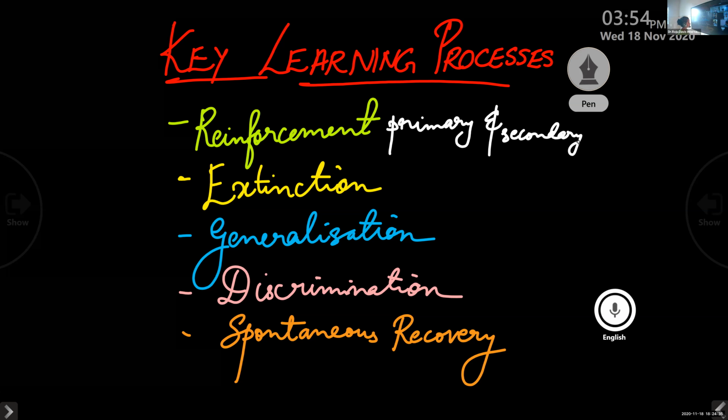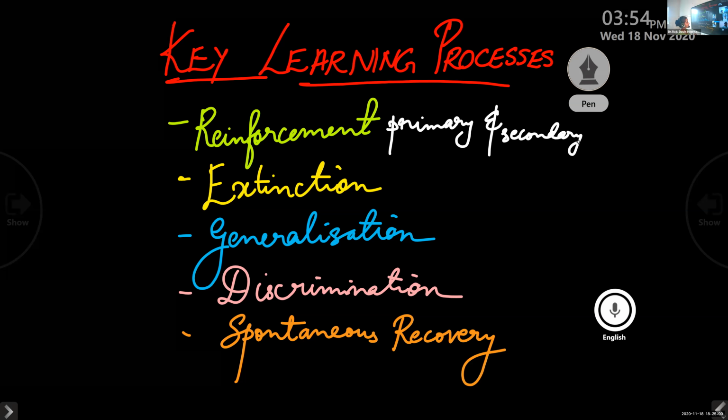Reinforcement is the process of providing or administering the reinforcer, and reinforcer is something that increases the probability of our responses. Okay. Reinforcers are of two types, primary and secondary. Reinforcement, that process is of two types, positive and negative. Okay, don't confuse it.